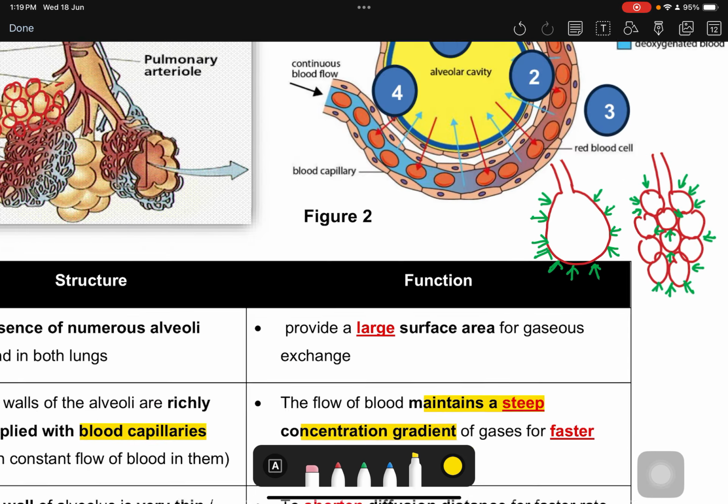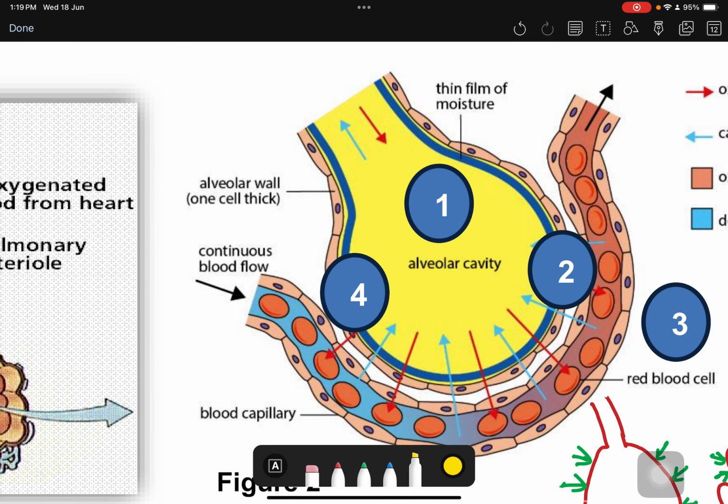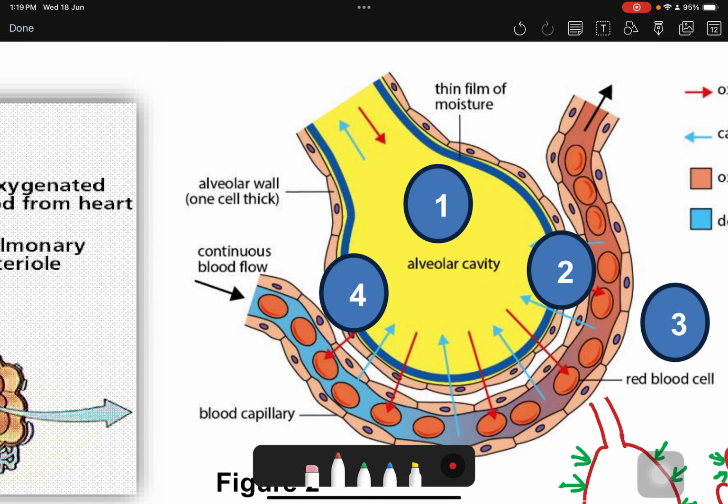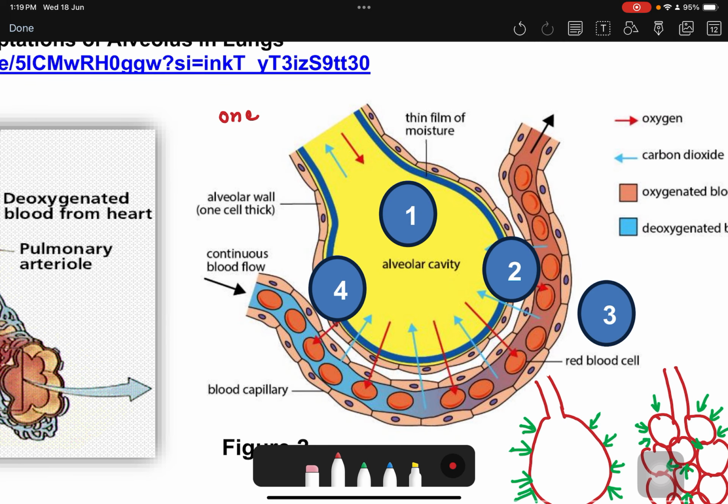Let's take a look at this cross section over here. So over here you will see one alveolus, and you can see that it has a very thin, one-cell-thick wall in order for exchange of gas to happen very quickly between the alveolar cavity as well as the blood capillary.